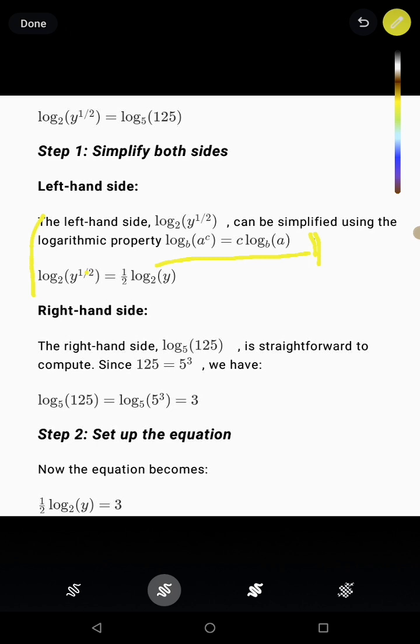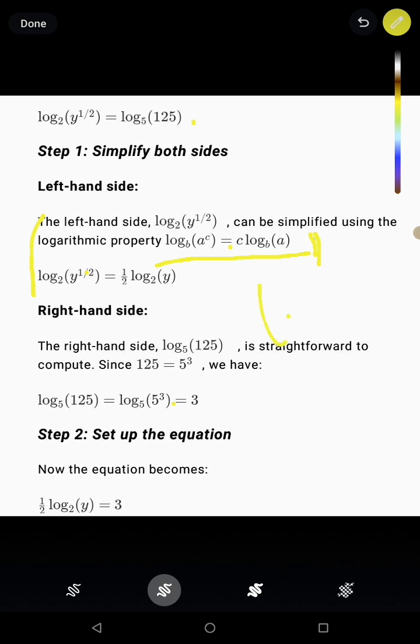Now simplifying the right hand side. What do we have? We know 125 is the same as 5 raised to power 3. So that will be log 5 raised to power 3 base 5. And from the rule we wrote here, that's going to be 3 log 5 base 5.